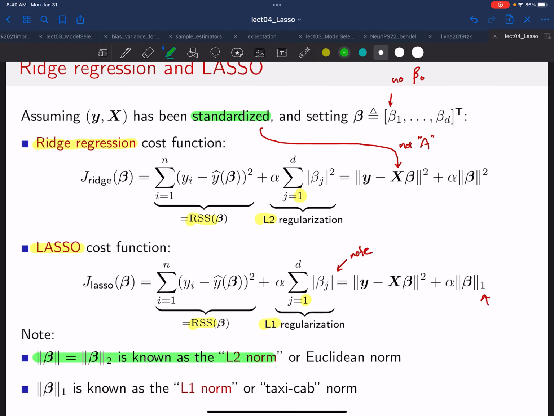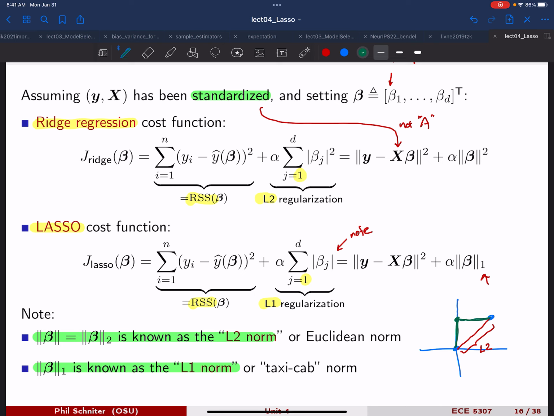But if you are a taxi driver in Manhattan and you can only drive the city streets, you can't go like a bird flies, then you might say that the distance between those 2 points is actually the sum of from here to here and then from here to here. So this would be the L1 distance. Okay, so it's just another way of measuring distance. And that's why they're both norms.